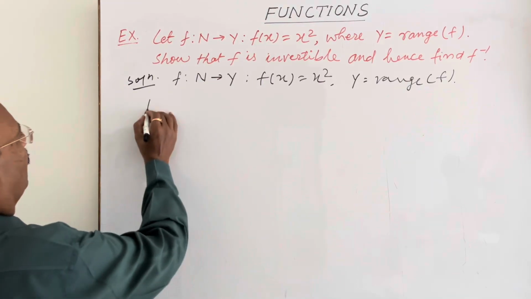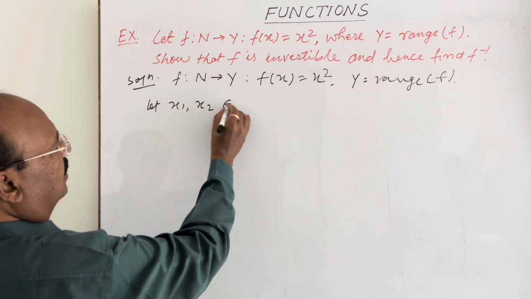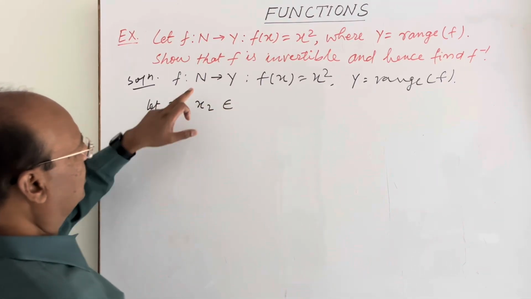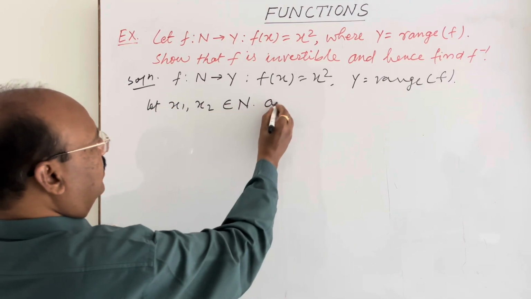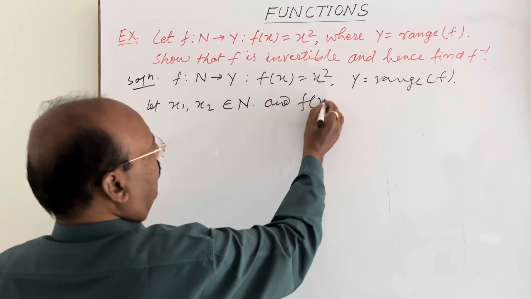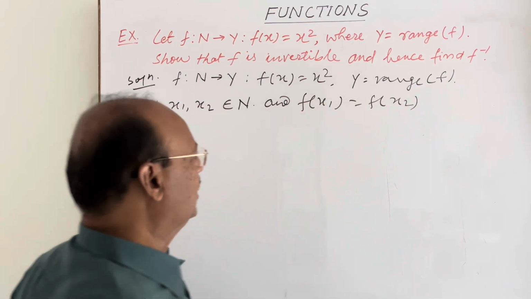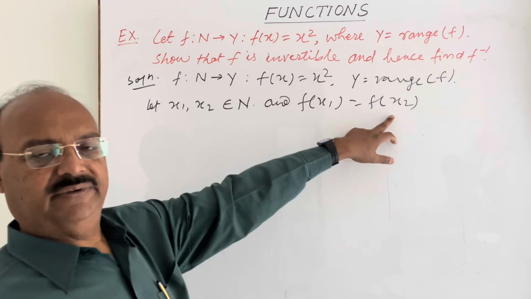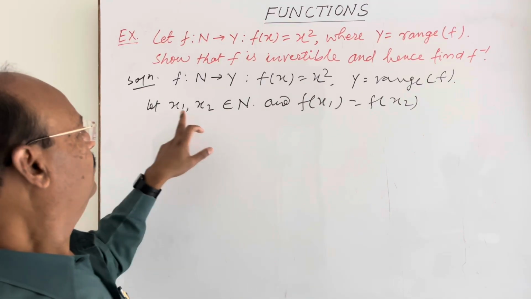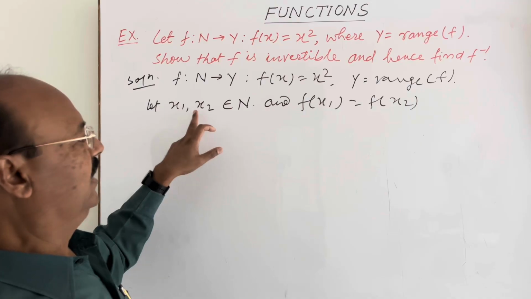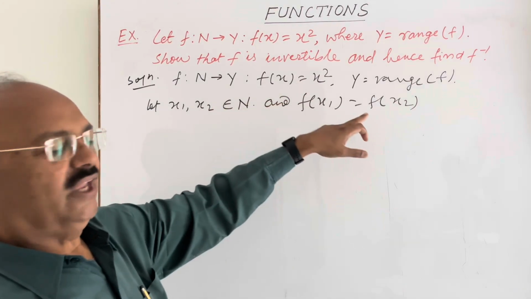See, let x1 and x2 be any two elements of this domain N, and f of x1 is equal to f of x2. So naturally f of x1 and f of x2 are images of these two elements x1 and x2 with respect to this function f.